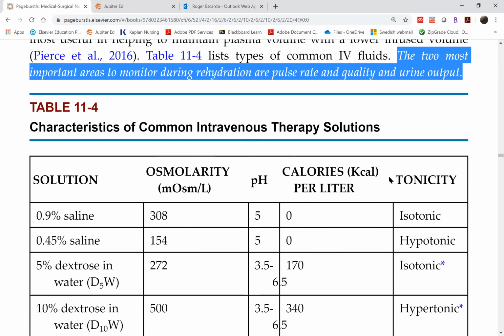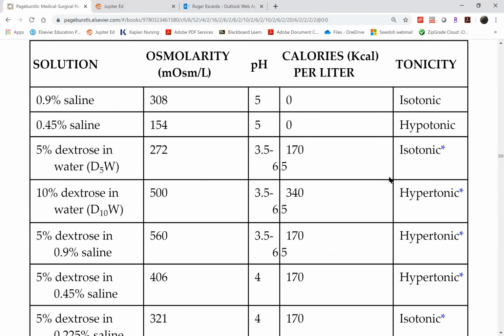Table 11-4. This is how you choose your fluids. It's all about what you are trying to accomplish. So let's say it's all about osmosis. Before I go to the whiteboard, let's look at which solutions are what type. We have here 2 isotonic solutions, saline and actually 3.